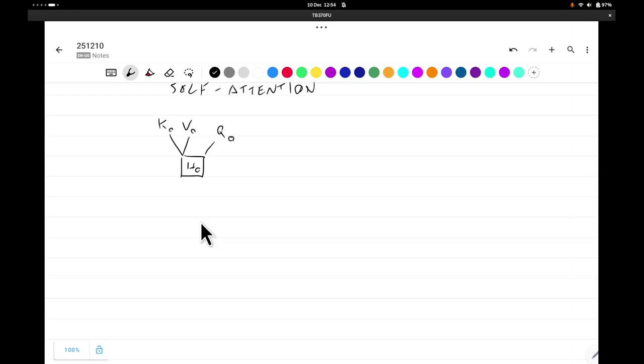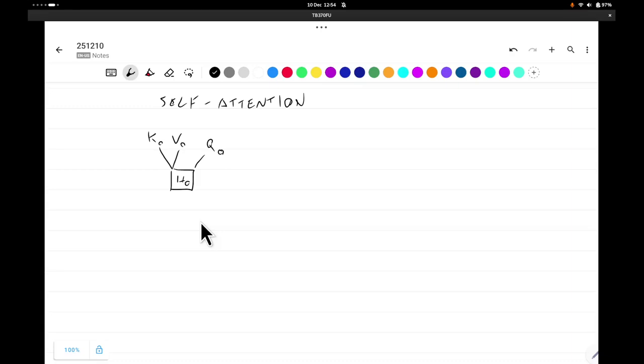I will not rewrite the whole thing. Is the same, but we just move everything to the encoder, and this makes our self-attention mechanism.